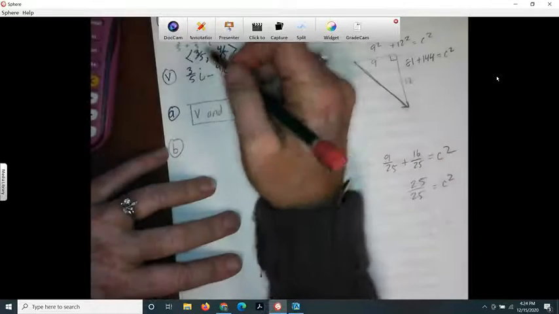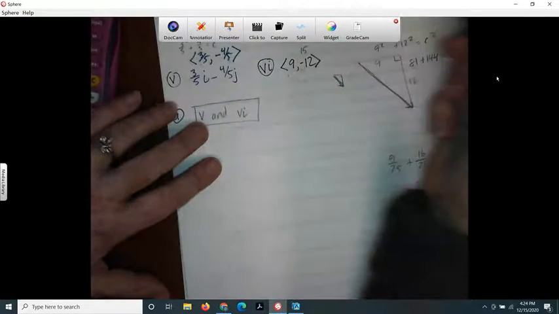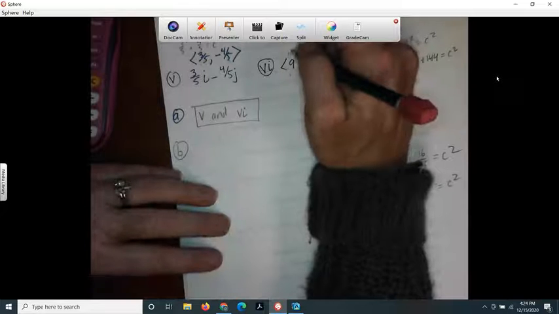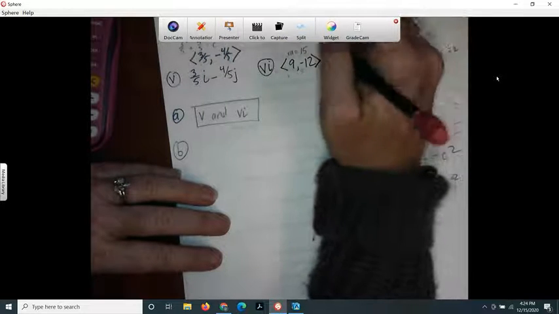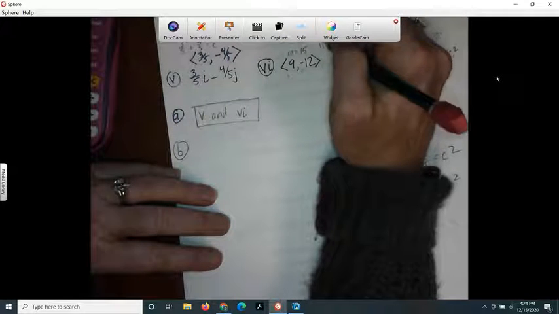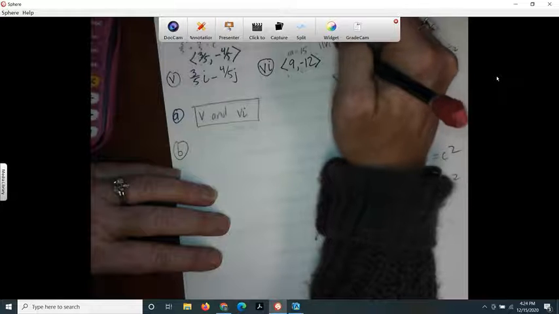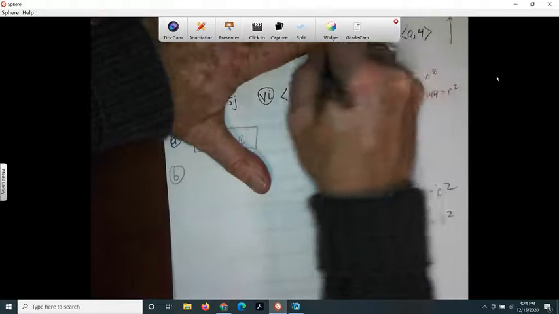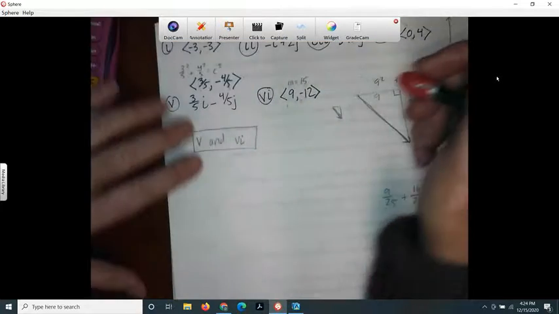I don't know a symbol for magnitude, so I'm just going to use m if you don't mind. It's not the slope, it's the magnitude. So this one's magnitude is 1.